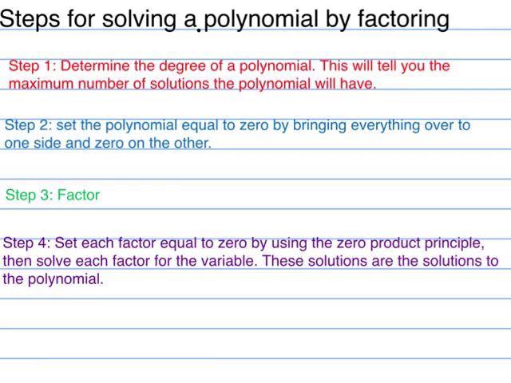So, like we saw before in the first little example that I did, you took each factor, set them equal to 0, solved for the variable in each factor, and those are the actual solutions. Now you can go and check to see if your solutions work back in the original equation. That will be a good way to tell if you've got the right answers or not. So let's look at a bunch of examples on how to actually do this.